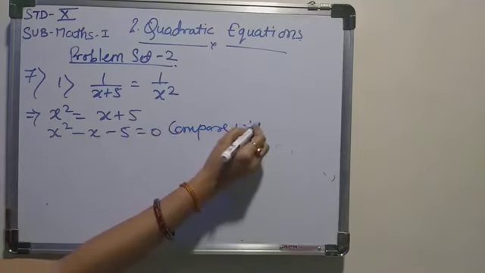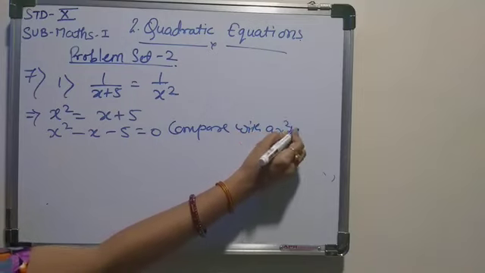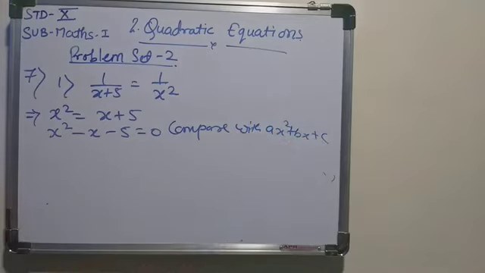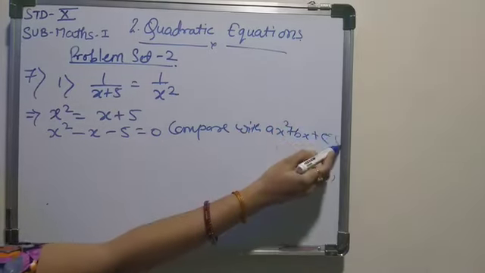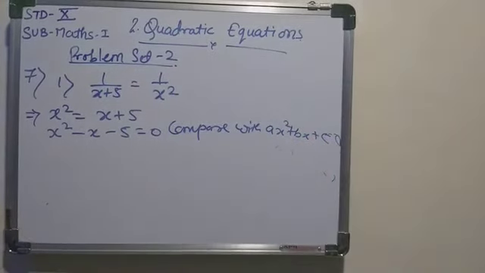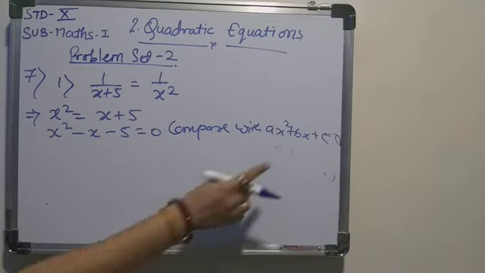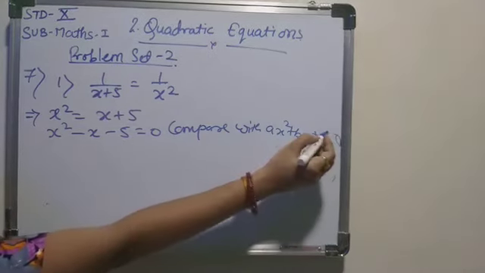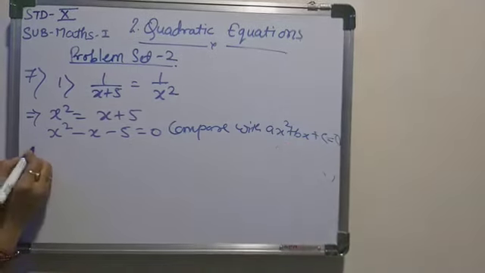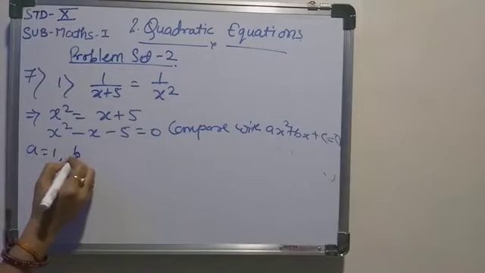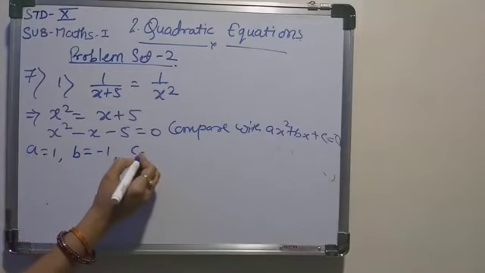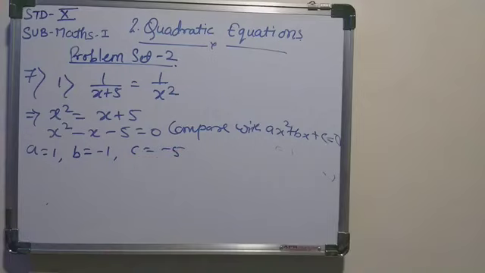Now you are going to compare this with ax square plus bx plus c equals 0. So your a value is 1, your b value is minus 1 and your c value is minus 5.